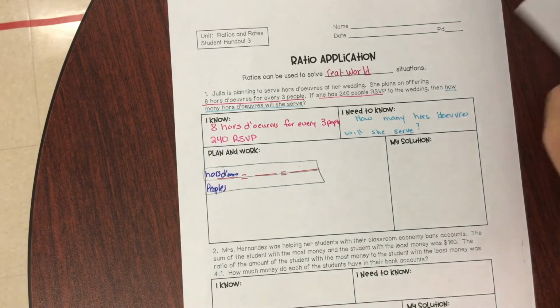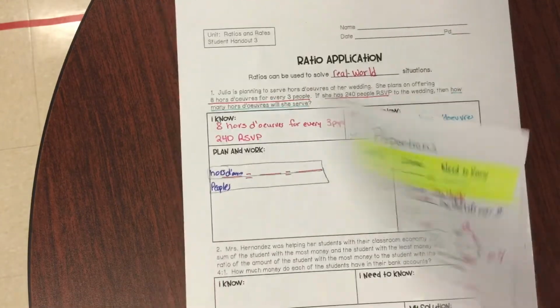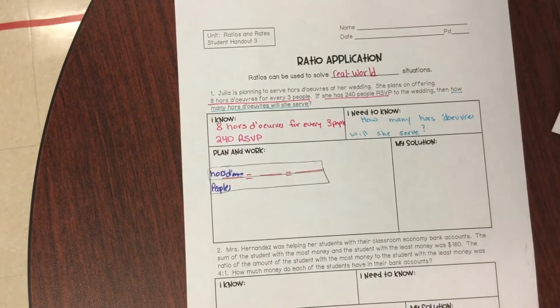So now the next part of my proportion, I have my labels. Now I'm going to put down what I know. Usually that is my rate or my ratio. I know that there's 8 hors d'oeuvres for every 3 people. So where would I put my 8 at? The top or the bottom? Yes, ma'am. The top. Why on the top? Because that's how many orders. Yeah.